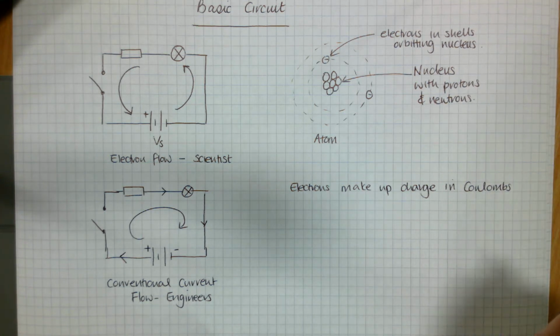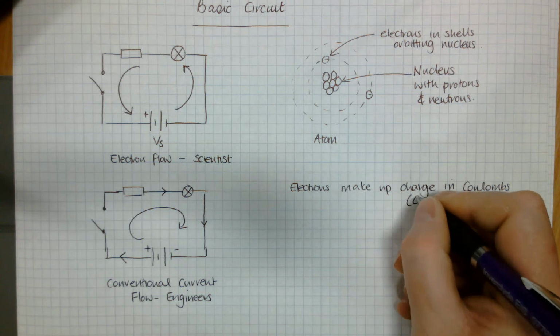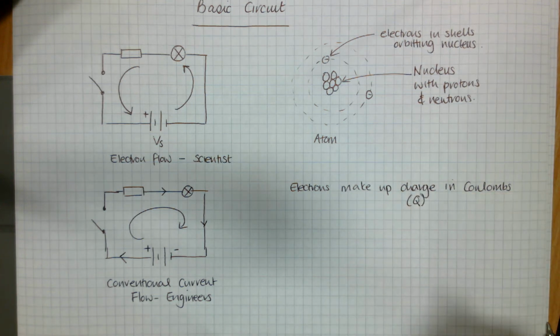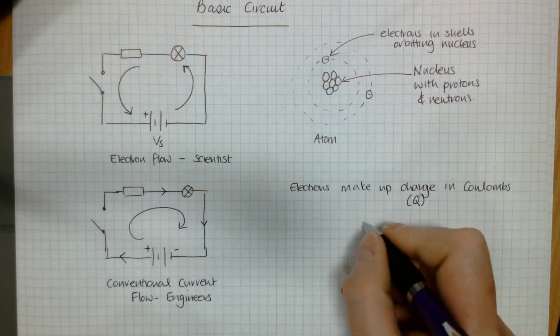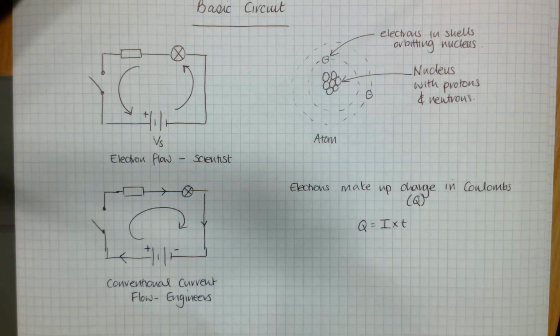So it's charge in coulombs. Do we know what the symbol for charge is when you see it in a formula? Q. So that's your symbol for charge, Q. And that's your relationship for charge.